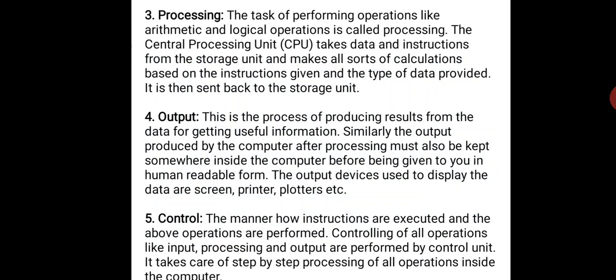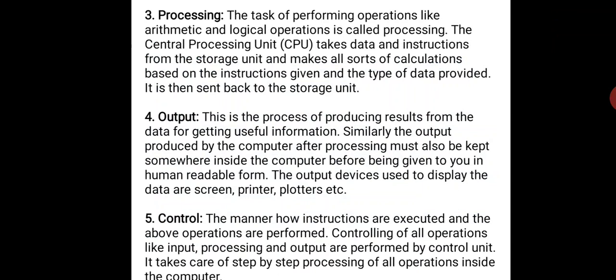Output: this is the process of producing results from the data to get useful information. For example, the information we get is sent to output devices like screen, printer and plotter. These are all output devices.